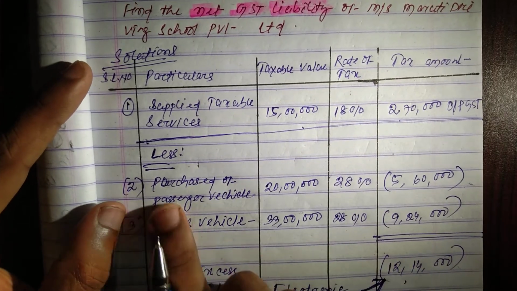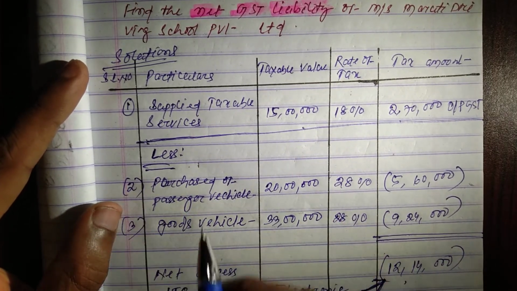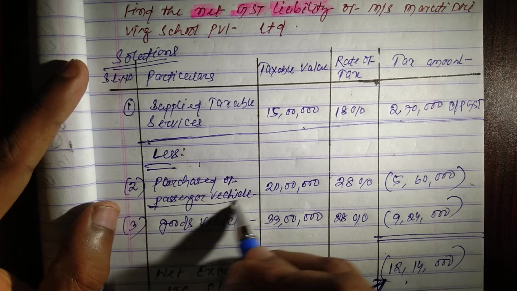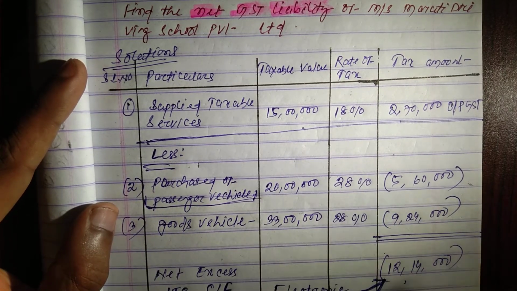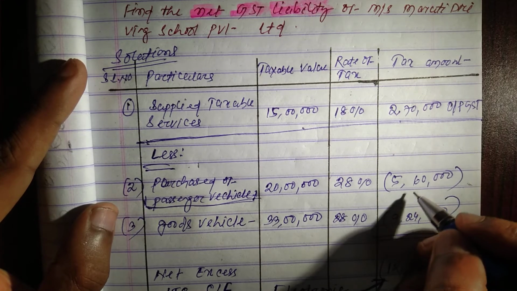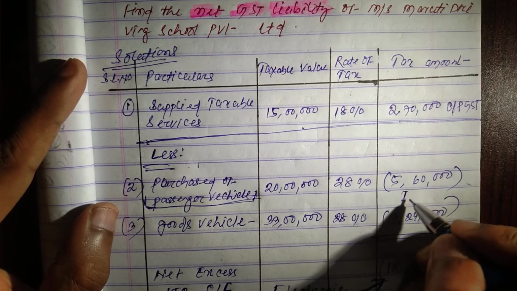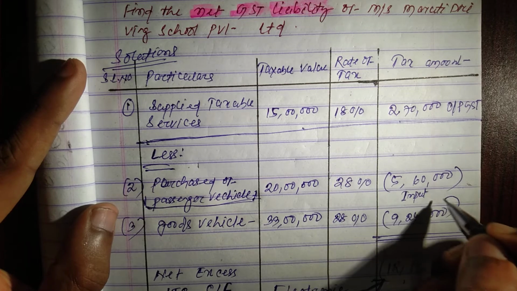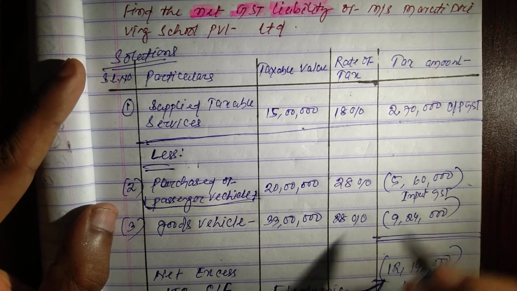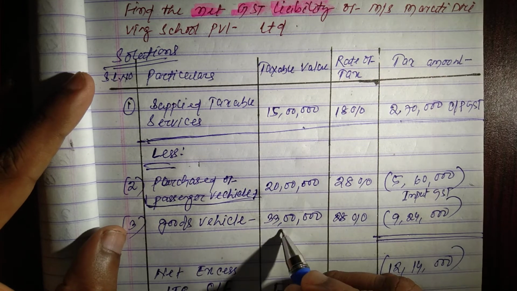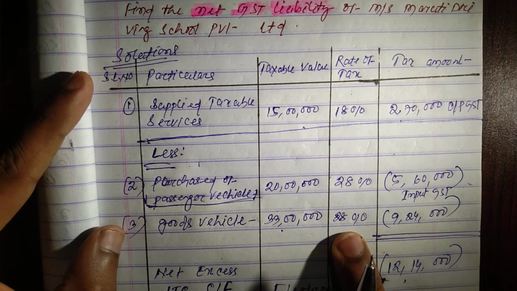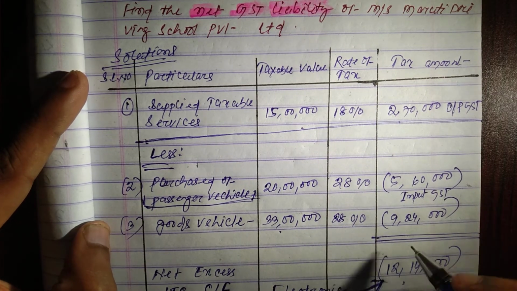And then purchased 2 vehicles, one is passenger vehicle 20 lakh 28% and input GST 5,60,000.